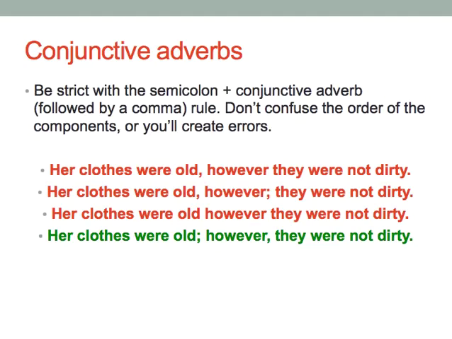Her clothes were old, semicolon. However, they were not dirty. I think the confusion sometimes comes in that people know that those components need to be there. They know that there needs to be a semicolon, a conjunctive adverb, and a comma, and they maybe have never slowed down to think which order they come in.